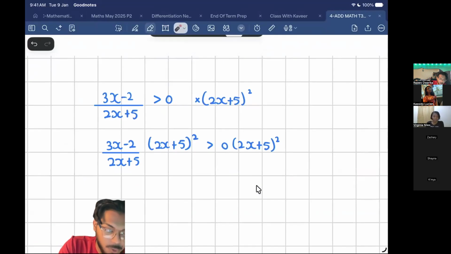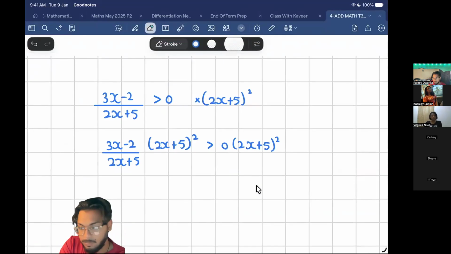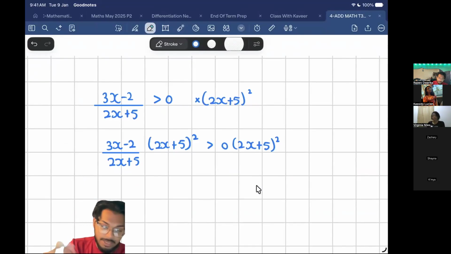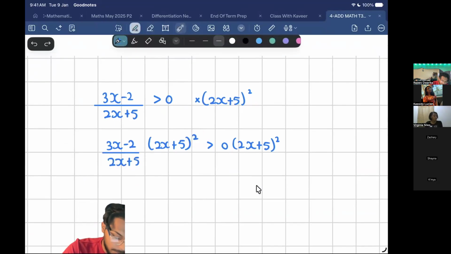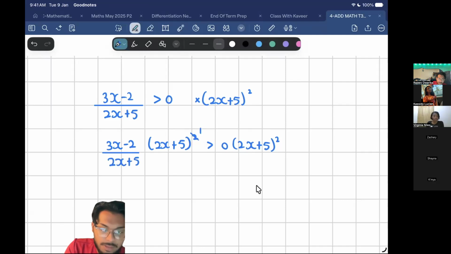Let me explain. Do you know what (2x + 5)^2 means? 2x + 5 multiplied by itself. Exactly, (2x + 5) times (2x + 5). So if I had a 2x + 5 in the denominator, that would cancel off with one on top. So I would end up with 3x - 2 times (2x + 5).